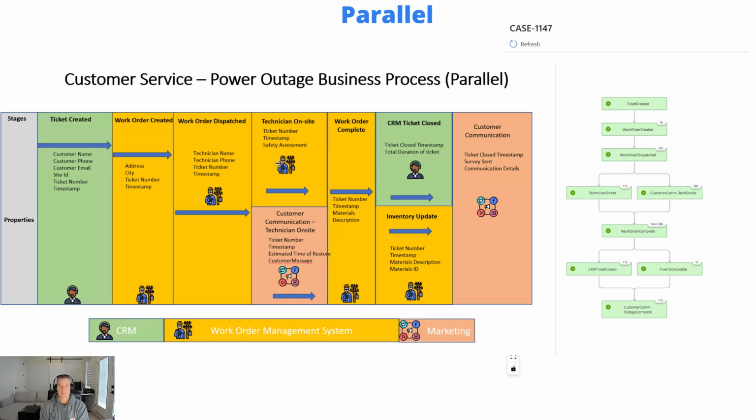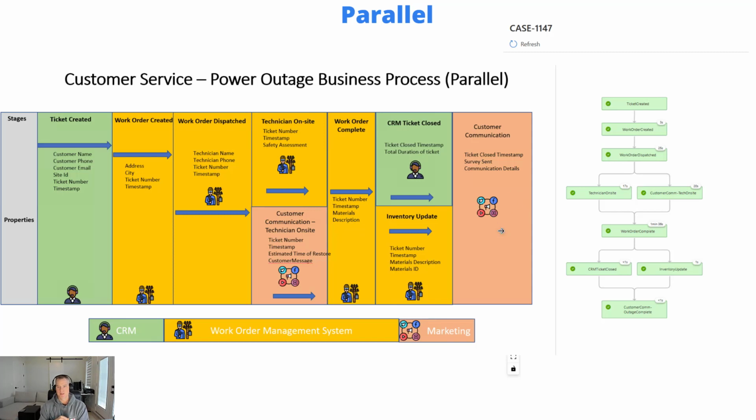The next thing is that once the work order is complete, once again, we want to do two things in parallel. We want to update the CRM, indicating that the ticket's now closed. We also want to update our inventory because we've used materials when we close the particular work order. And then last, we've got the customer communication.